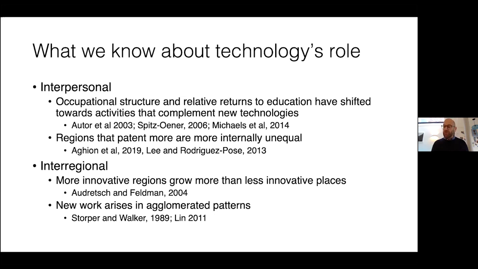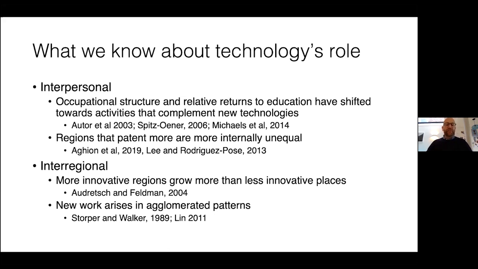We get computers and a rise towards an occupational structure that complements that. Equally, we know from recent work that places more invested in technological change, more innovative as measured by patents, are more internally unequal.